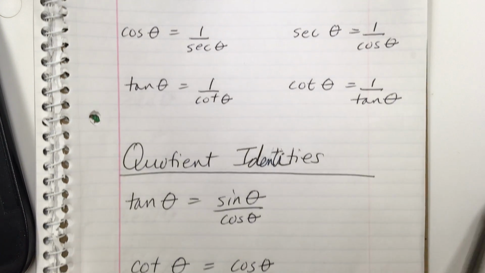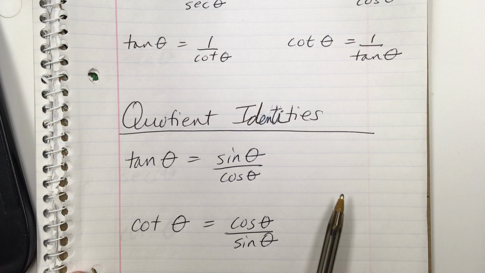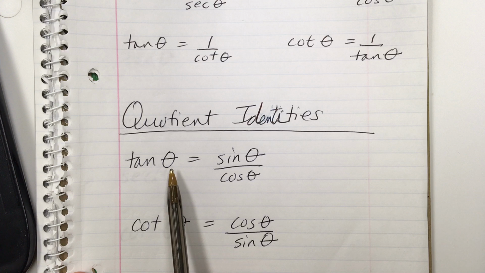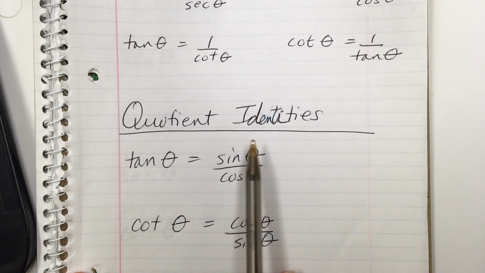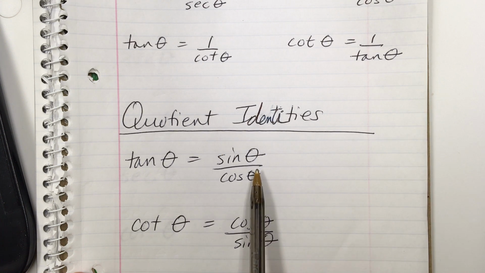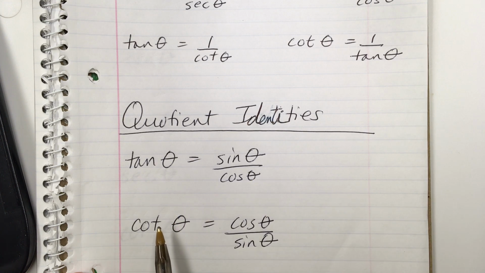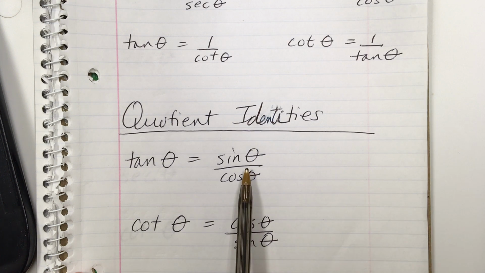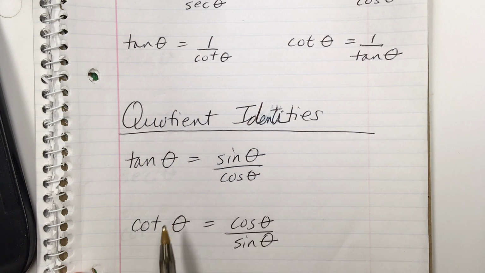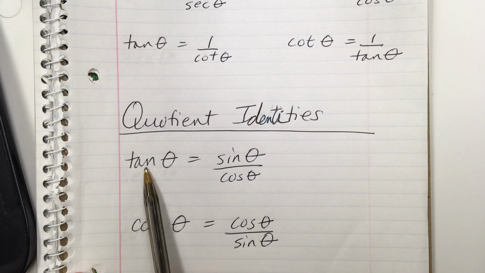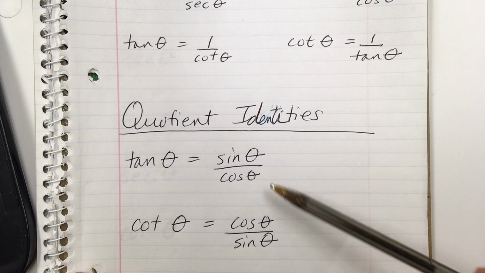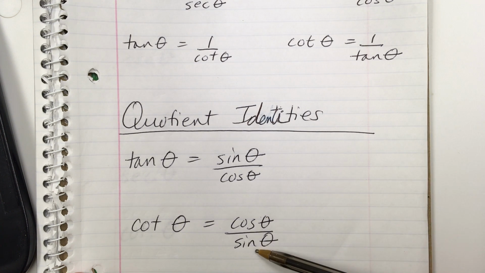Let's look at some quotient identities. Tangent of theta is always equal to sine theta divided by cosine theta. Therefore, if tangent is equal to sine divided by cosine, then the reciprocal of tangent is cotangent, and the reciprocal of sine over cosine is cosine over sine.